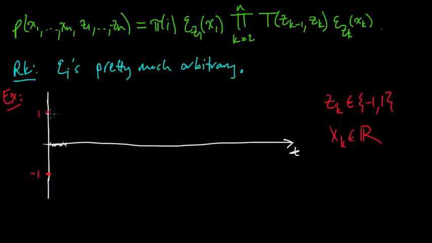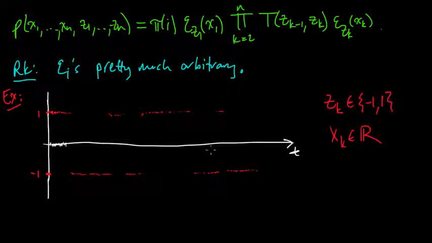I'll draw the z's in red. The z's tend to stay at the same value, and then it flips. And it tends to stay here for a long time, and then it flips. So it's sort of sticky. It tends to stick at the same state.